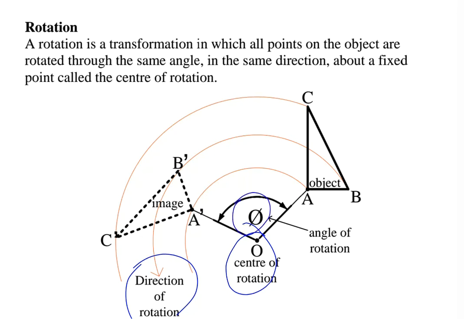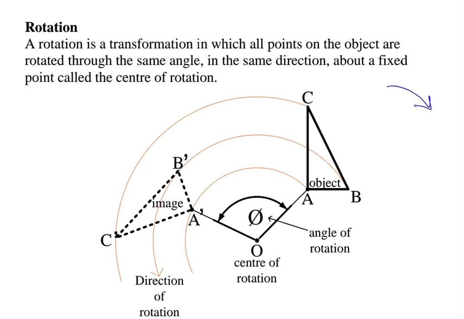All right, so a rotation has three components. It has to have a center, it must have a direction, and it must have an angle. So in order for us to describe a rotation, we need three things. Essentially, the direction of rotation could either be clockwise or anti-clockwise.